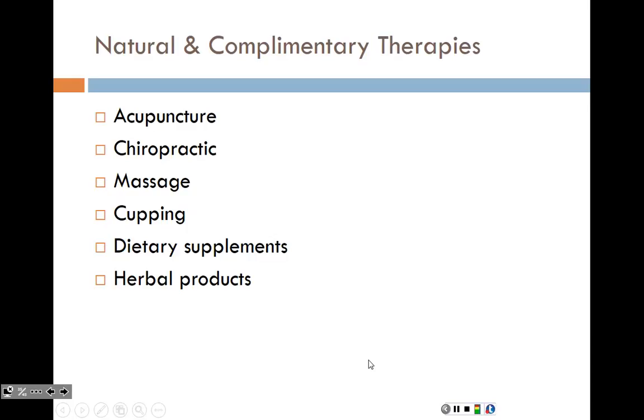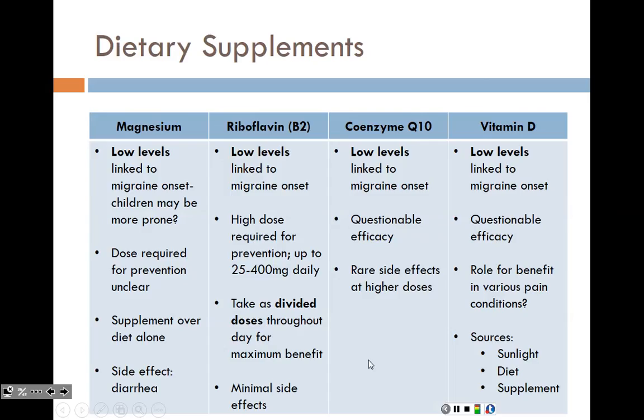As far as natural and complementary therapies for pain, and then we'll take a break and do some quick cases. There's a lot of Eastern medicine that focuses on pain, and mostly it's that musculoskeletal underlying reason, but there's some herbal products as well, and dietary supplements. So the reason these supplements are thought to treat headaches is basically related to triggers.